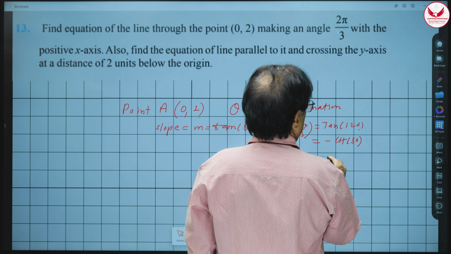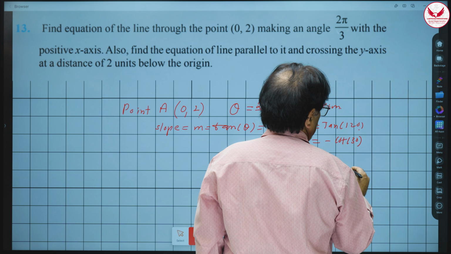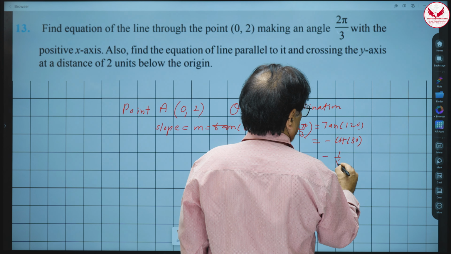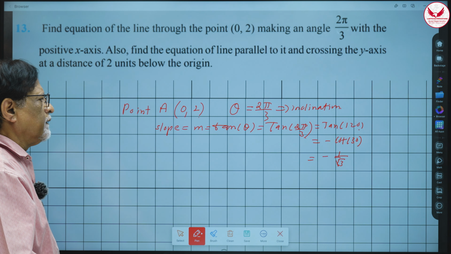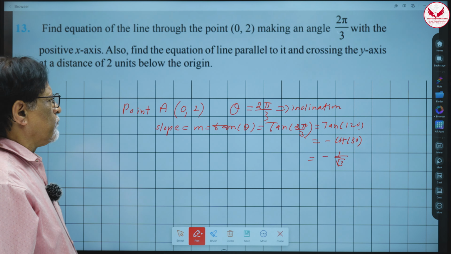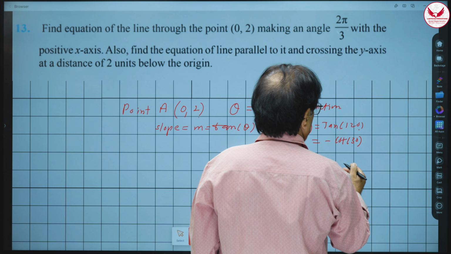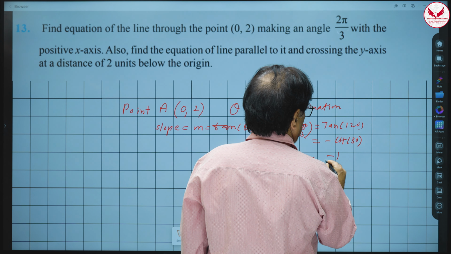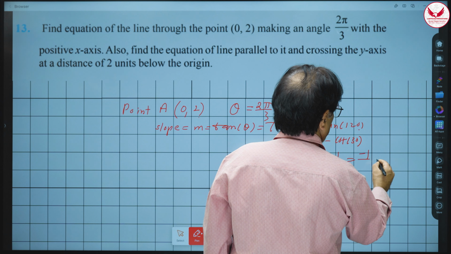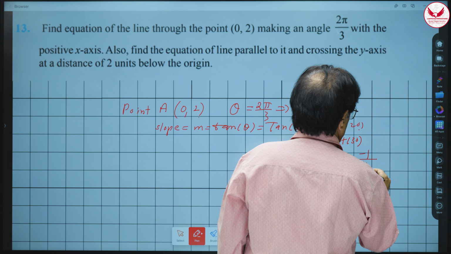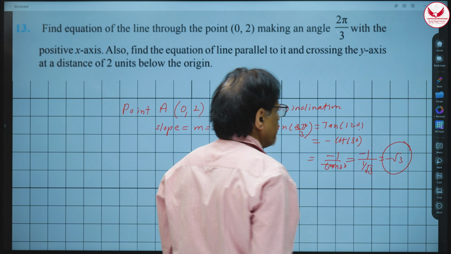Now minus cot 30 means minus 1 upon tan 30. Tan 30 is 1 upon root 3, so that gives you minus root 3. This is the slope. Okay.